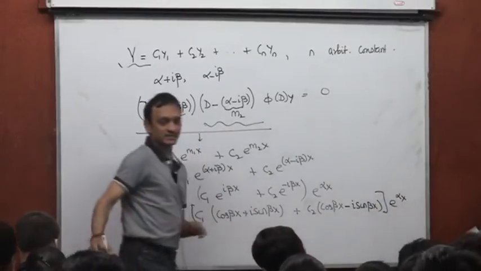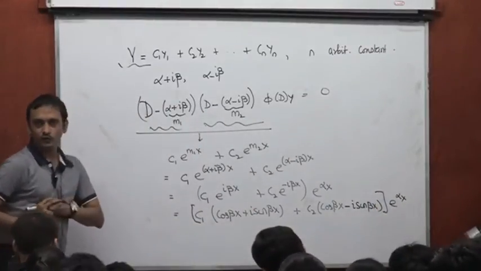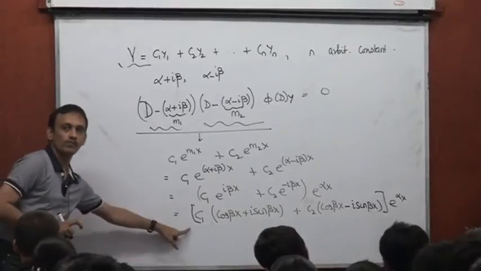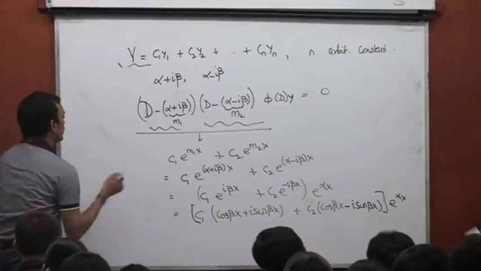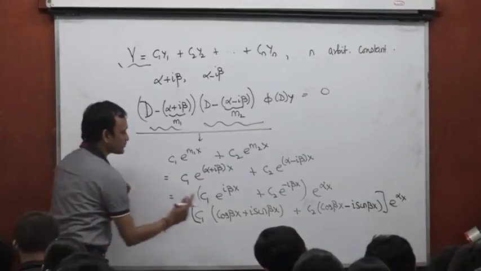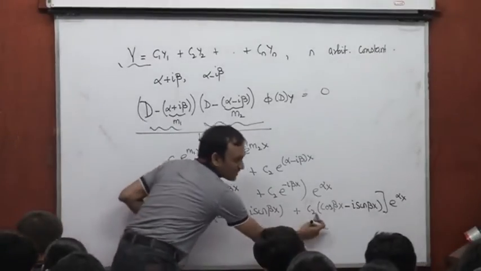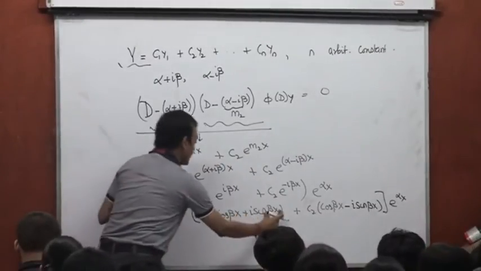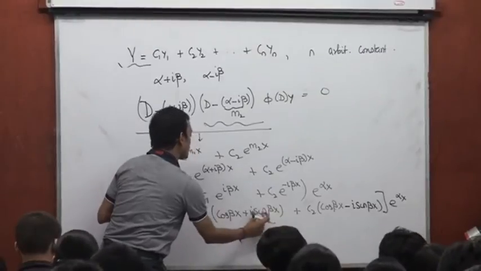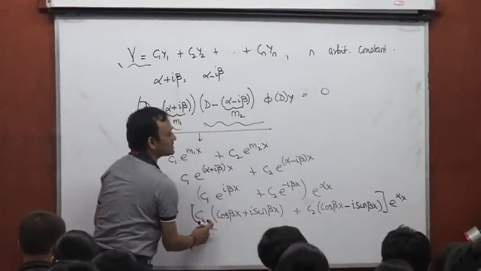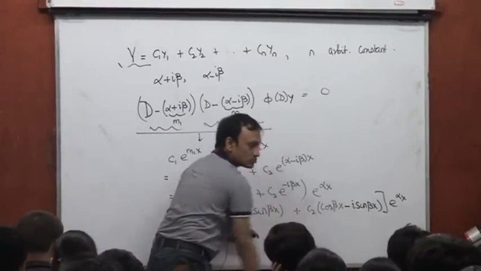e power alpha x, yes or no? Now this I can write as cos beta x into c1 plus c2 plus sin beta x, i sin beta x into i c1 minus i c2, right?